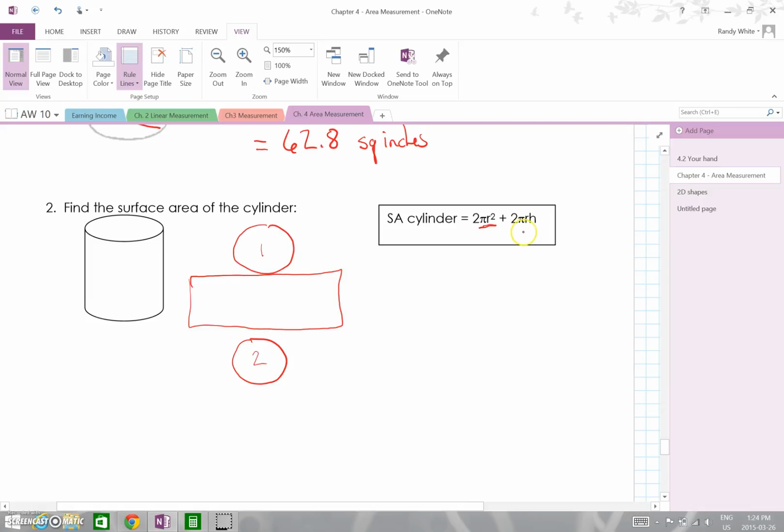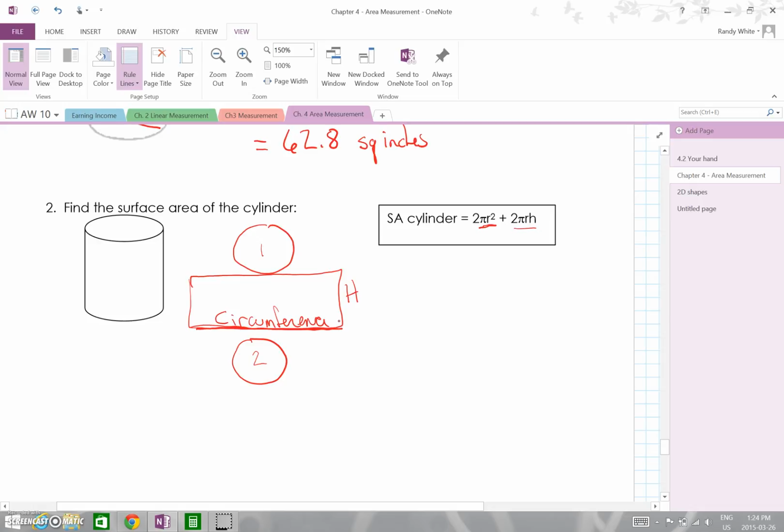So when we want to figure out the surface area of a cylinder, we have pi r squared right here, which is the area of a circle. We're timesing it by 2 because you've got one circle and then you've got your second circle. Then we have 2 pi r h. Here's the height of our cylinder, okay? And 2 pi r is this distance right here, which is essentially the circumference of the can.